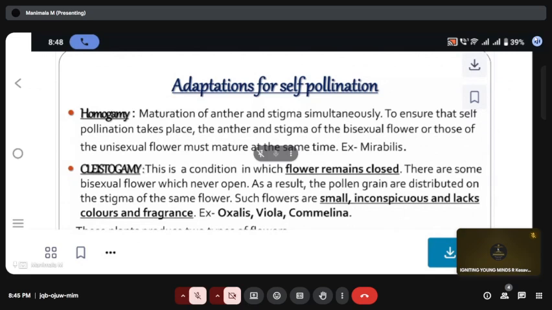If more variations are there, the adaptability will be increased, right? And the parents will produce hybrid vigor. What do you mean by hybrid vigor? Better than the parent, better suited to the environmental condition. So that is hybrid vigor.